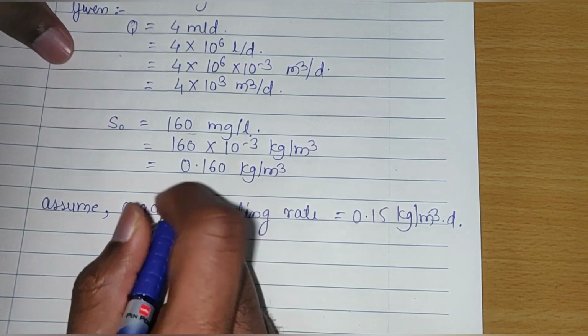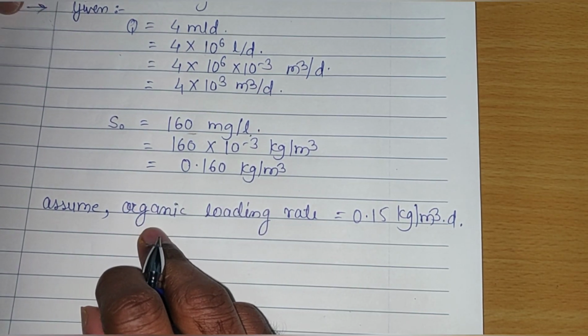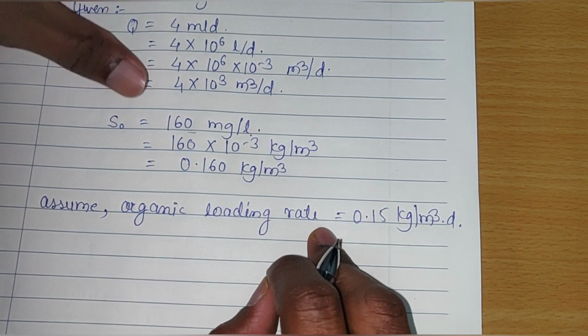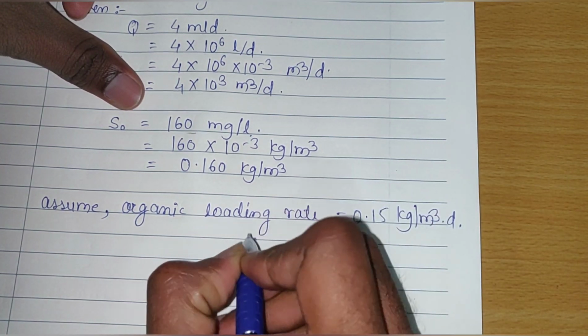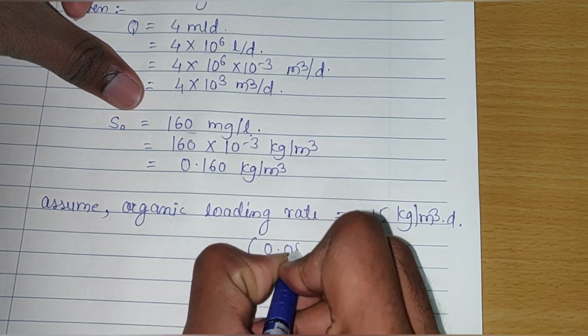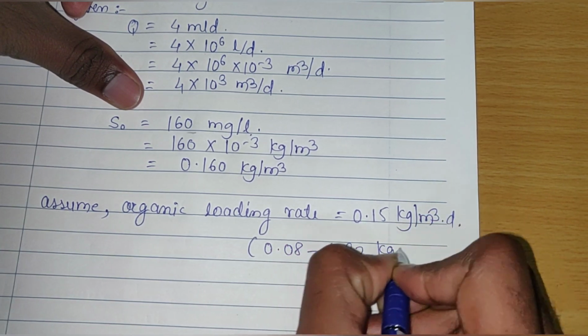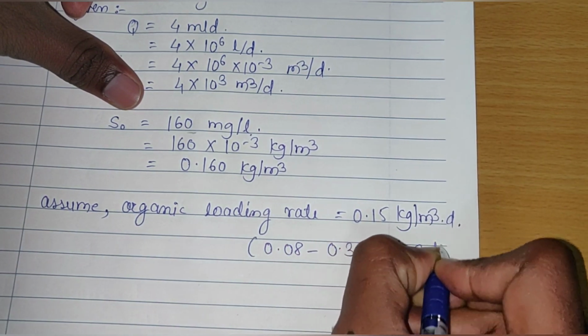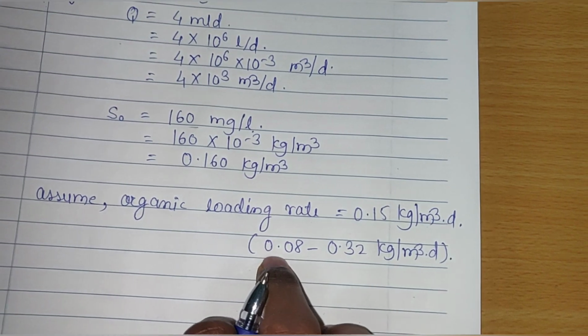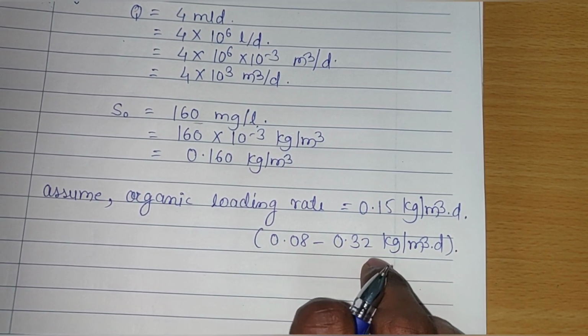The typical range for the organic loading rate for a standard rate trickling filter is between 0.08 to 0.32 kg per meter cube per day. We have assumed that value in between 0.08 to 0.32.